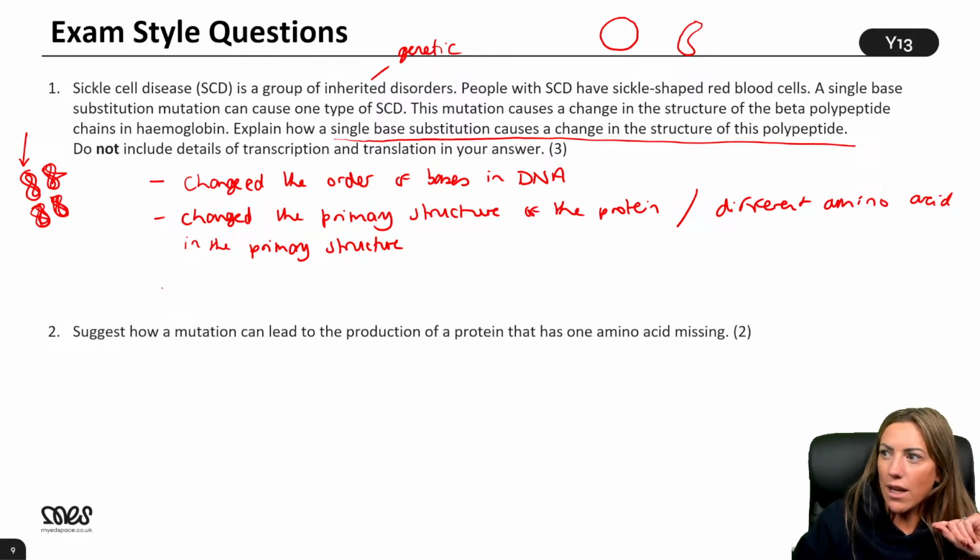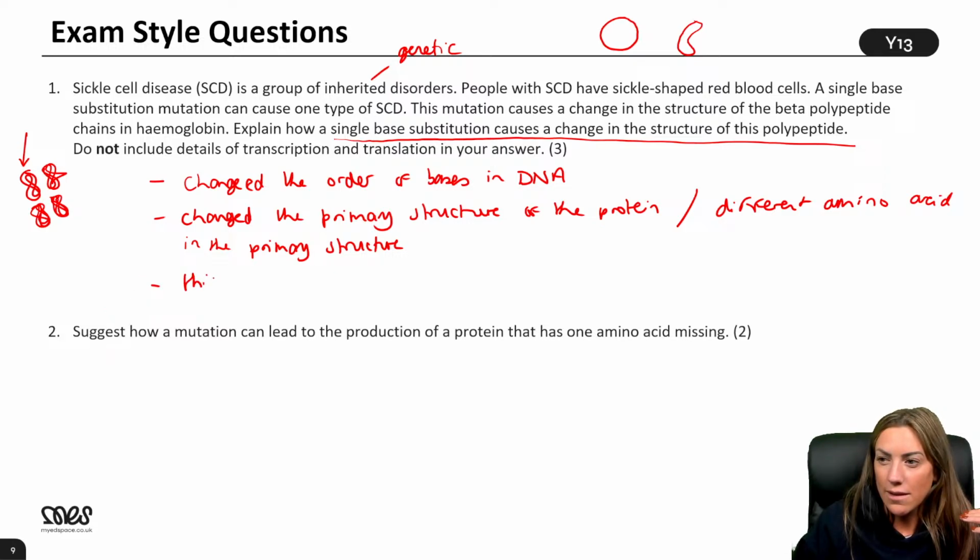And where are we going to go to next? Because this is 3 marks. What other level of protein structure do we always talk about in biology? If we change the primary structure, what other level of protein structure are we going to alter?